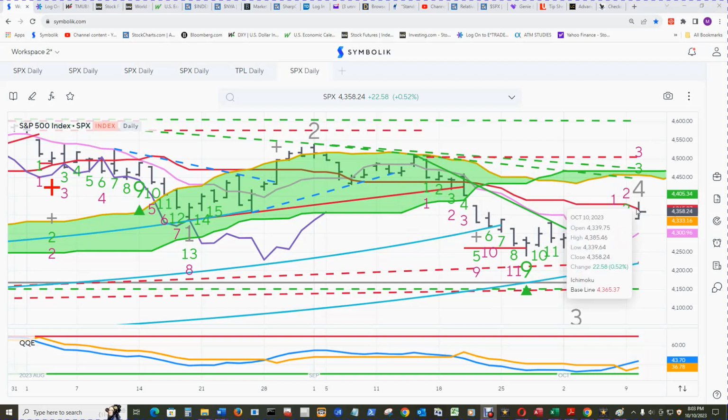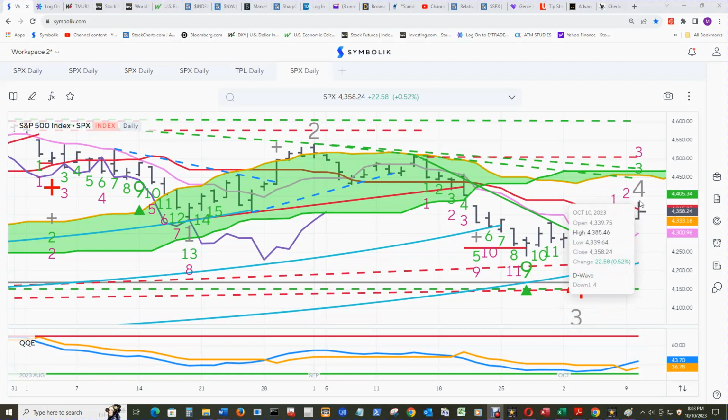First things first, if it can get above the baseline and current price and start ticking up, then this conversion line and current price could make a mad dash to get above the baseline, which is falling a little bit. That might continue, and they will meet in the conversion line.